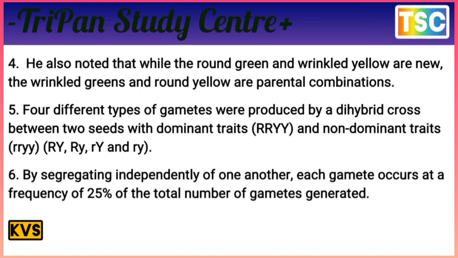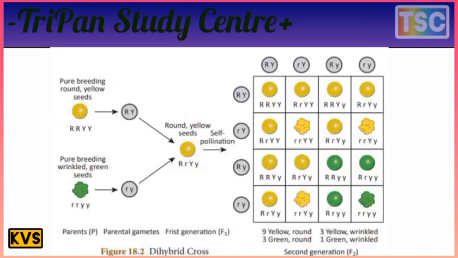Let's see the diagram. On your screen is the most important hybrid cross. There are pure breeding round yellow seeds, capital R and capital Y, and pure breeding wrinkled green seeds, small r, small y.